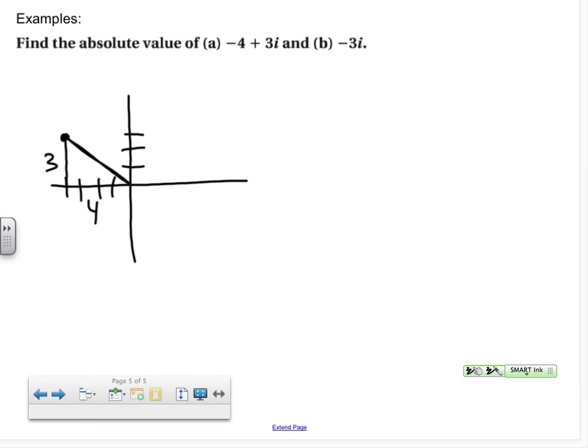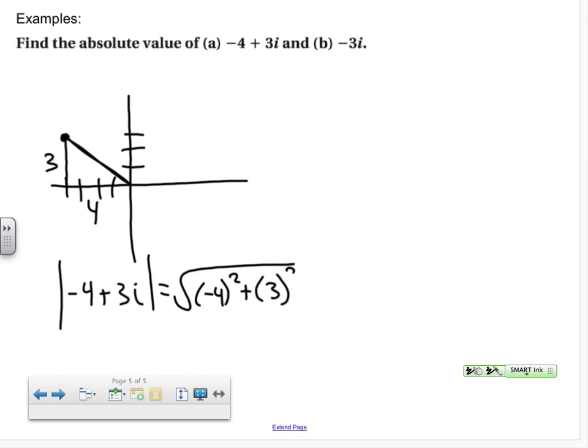So our absolute value of negative 4 plus 3i, you're going to take the square root of our real component, negative 4 squared, plus our imaginary component, 3 squared. And that's a 3, 4, 5. So our absolute value there is 5. So the distance from negative 4 plus 3i to 0 is 5. That's 5 units away from 0, so the absolute value of that is 5.